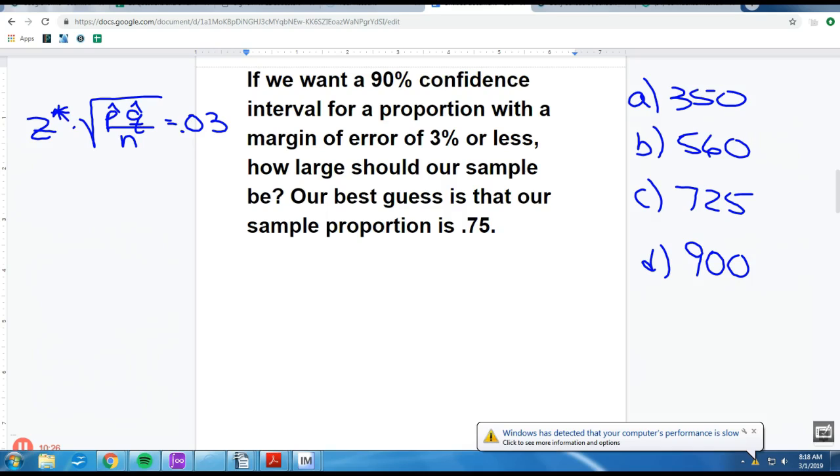Piece of property for size. We good? Wait. I need a question.